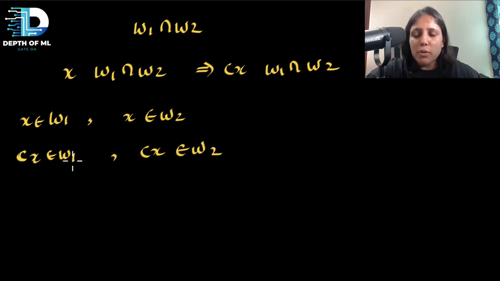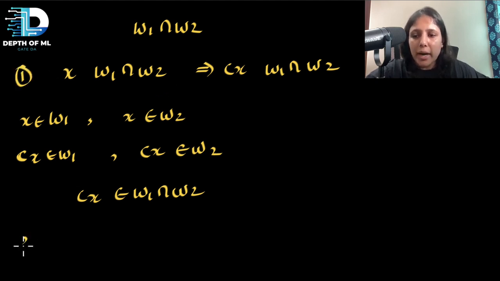So if Cx belongs to both the subspaces, then Cx will also belong to W1 intersection W2, right? Because it belongs to both the sets, it will also belong to the intersection of the sets. Hence, Cx will belong to W1 intersection W2. Right. So if X belongs to this particular set, I have proved that any multiple of that particular vector also belongs to this particular set. Hence, my first property is satisfied.